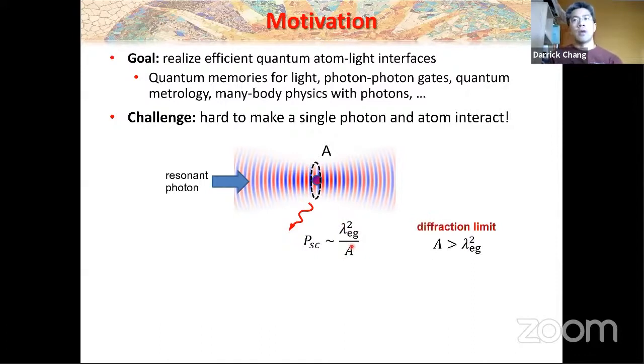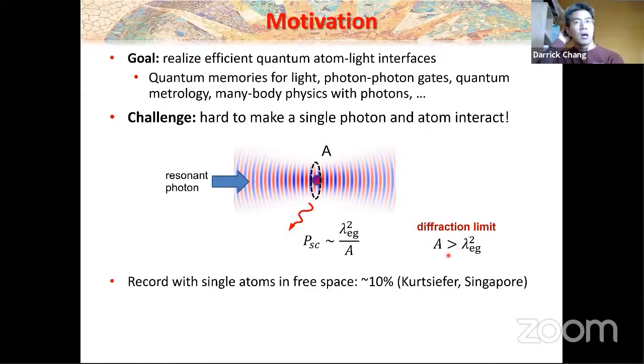The challenge lies in the fact that in free space, the light has to obey a diffraction limit. So if you literally try to build this experiment, you can get about 10% interaction efficiency, which is quite high. But again, the challenge, if you want to do a lot of these applications, is to get as close to 100% as possible.